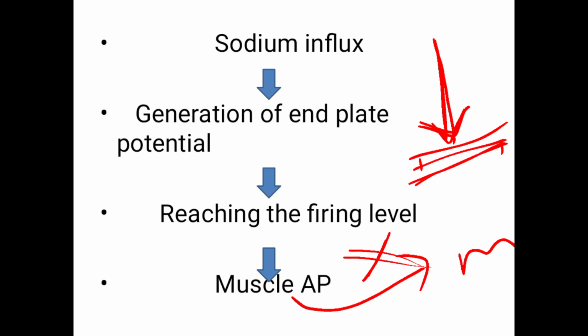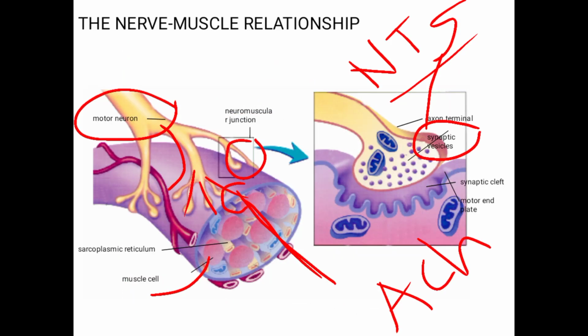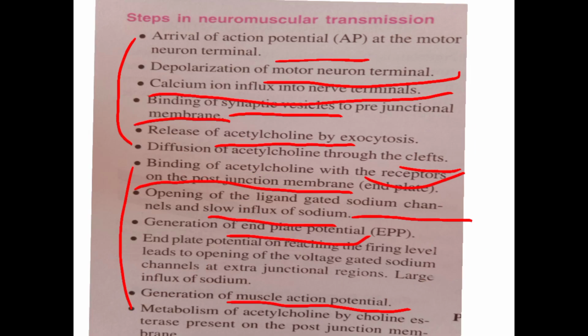After the release of acetylcholine, it is immediately metabolized by choline esterase. Choline esterase is an enzyme, so immediately it will metabolize or degrade the acetylcholine.